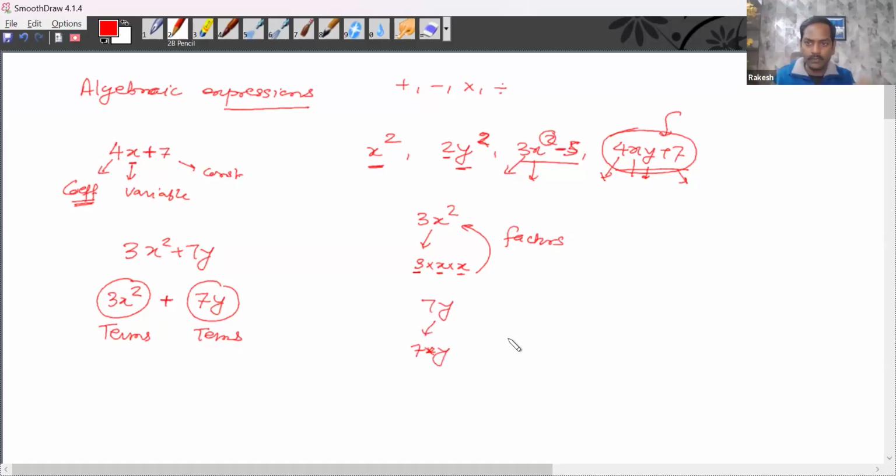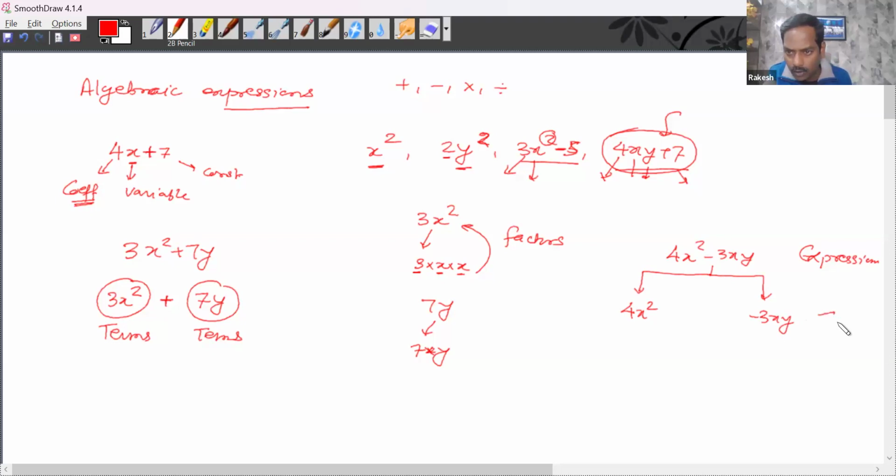So if I summarize whatever I have done till now by taking an example, say 4x square minus 3xy, this is called an algebraic expression, right? It is formed by the addition of 4x square and minus 3xy, I can say, right?